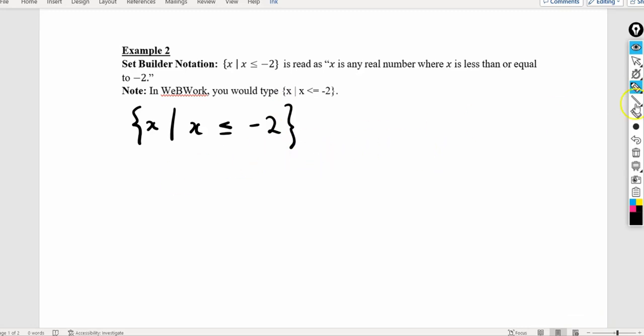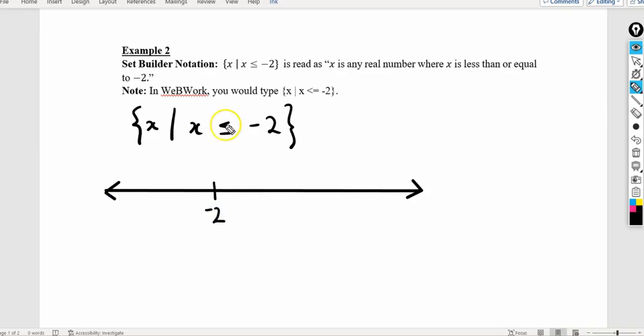Well, again, let's get it on the number line as an intermediate. So I'm going to need to find -2. And now you can see from the symbol, X is less than or equal to -2. So I'm going to start at -2, and because equality is included, I'm going to include -2, so I'm going to fill that in.